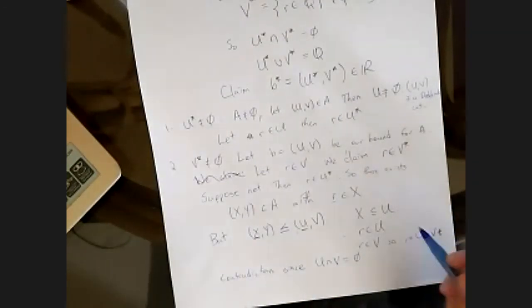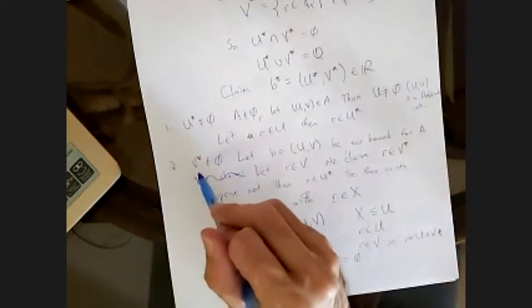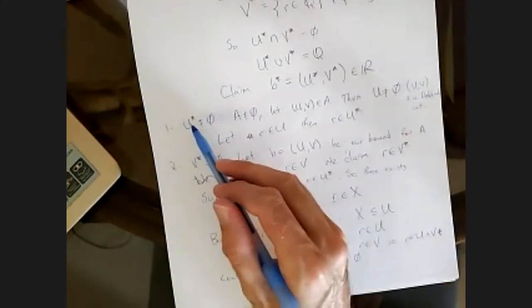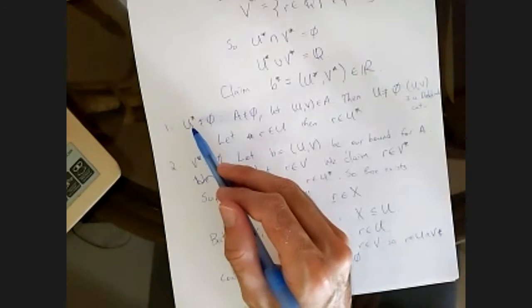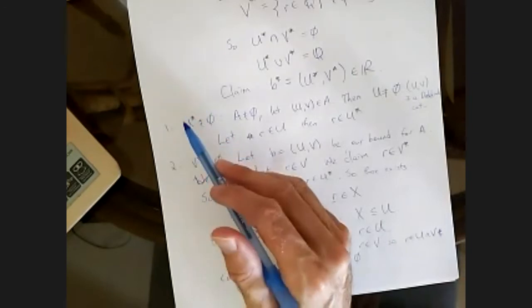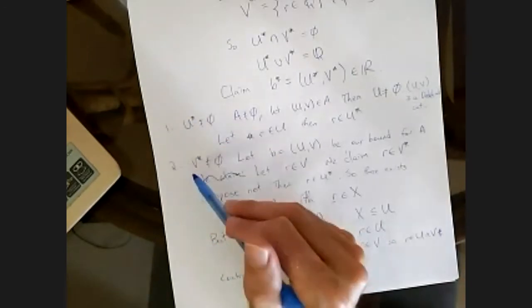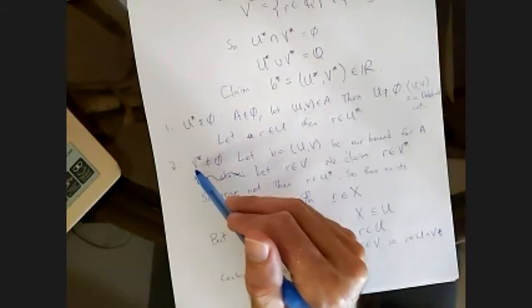So now U star and V star are both non-empty. We now have to show that everything in U star is less than everything in V star.